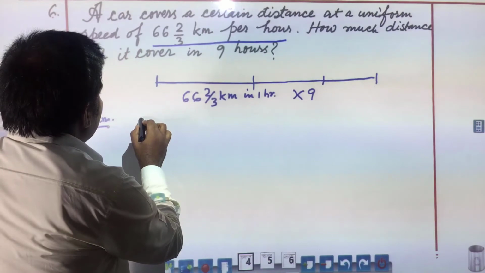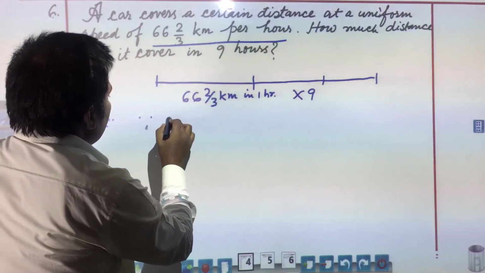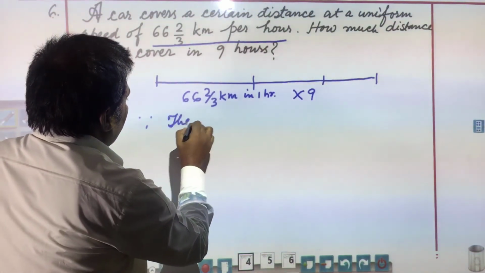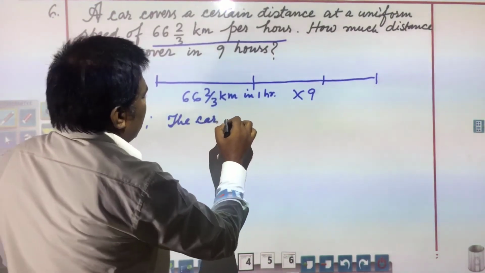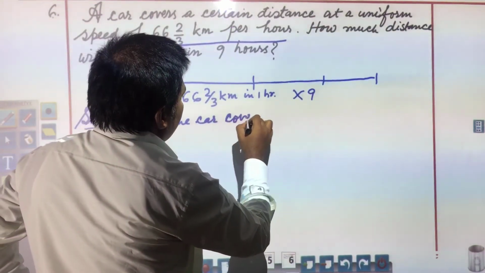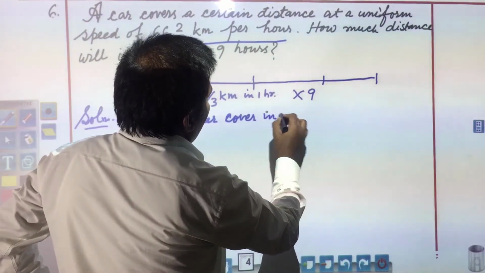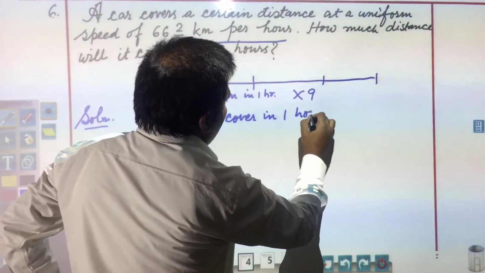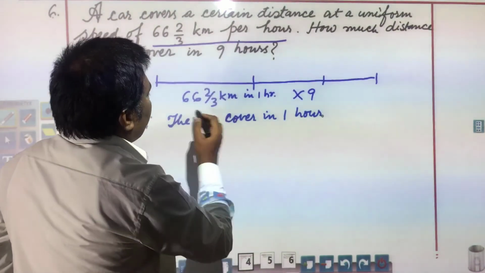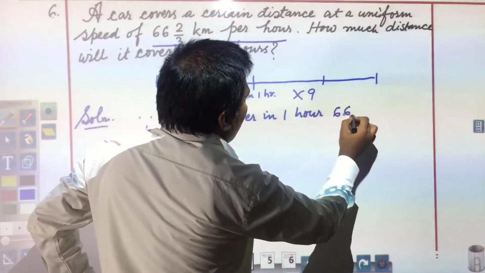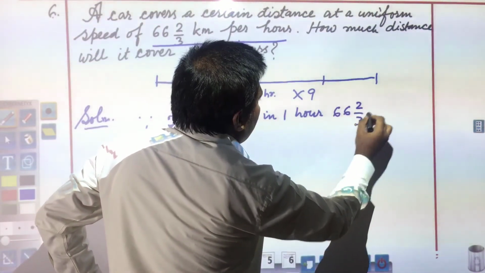Since the car covers in 1 hour how much kilometer? 66 whole 2 by 3 kilometer.